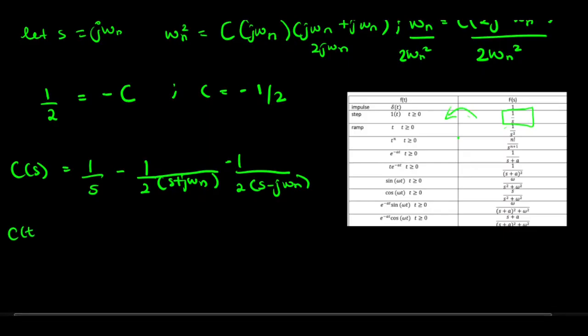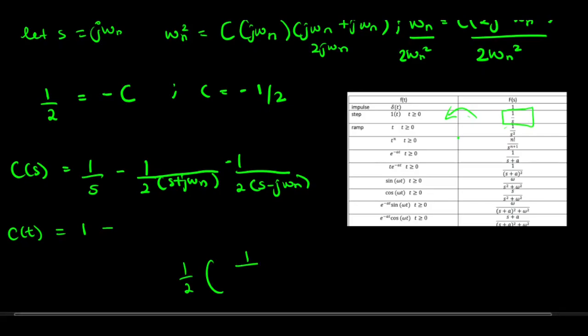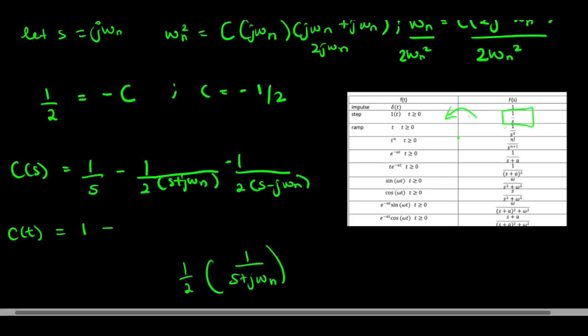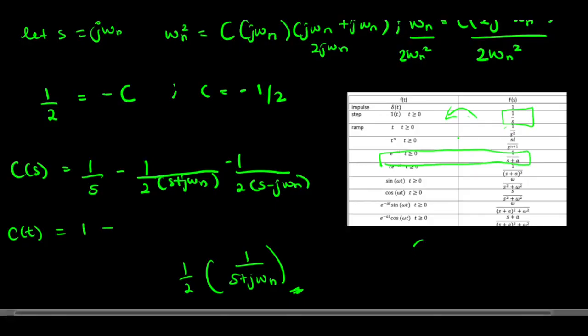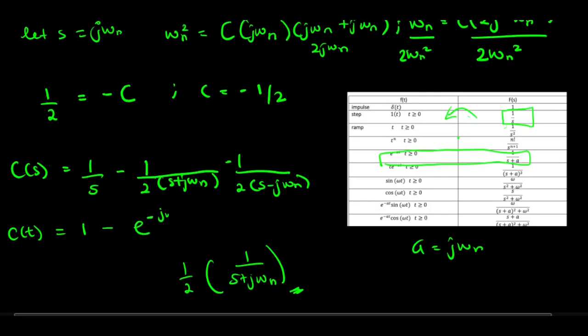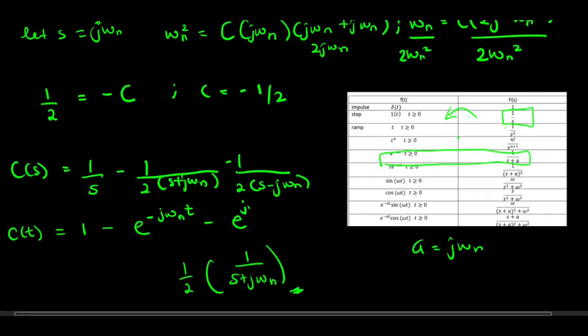So c(t) is equal to 1 minus, and for this one, this is a constant, so we'll bring it out, times 1 over s plus jωn. We'll look for something similar. You can see it at this point, but in this case a is equal to jωn. So this will become e raised to the power minus jωnt. Then the last one will be minus e raised to the power, since this is s minus, it will be positive jωnt. And don't forget your constant half.